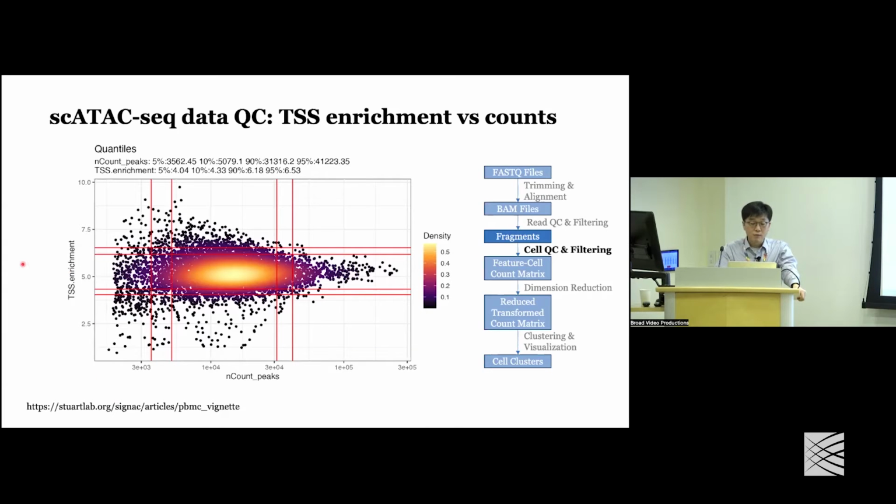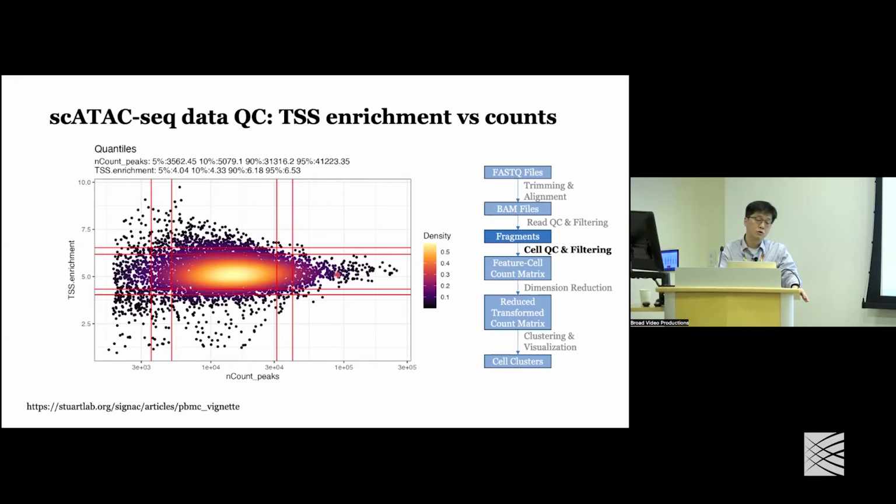Each dot represents a cell, and the brighter color represents multiple overlapping cells, higher density. And the red lines are essentially just the percentiles: the 5th percentile, 10th percentile, the 90th percentile, and 95th percentile. Obviously, we don't want cells with a very low fragment count. So all the cells on the left side in this figure are likely to be filtered out.